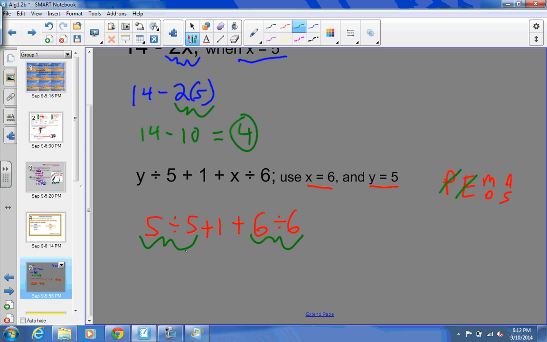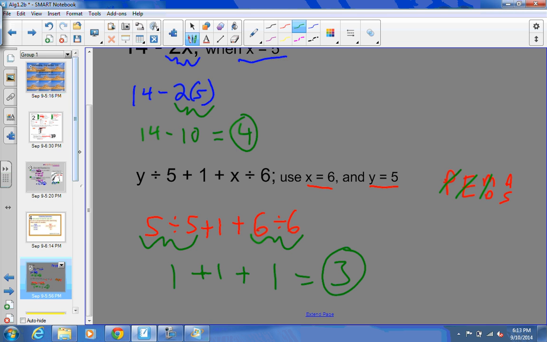So we're going to leave the addition stuff for last. 5 divided by 5 is 1. 6 divided by 6 is 1. And you still have that plus 1 in the middle. And here we go, 1 plus 1 plus 1. I hope you know how to do this, because we are at the 8th grade level by now. 1 plus 1 plus 1 equals 3. And that's your final answer.